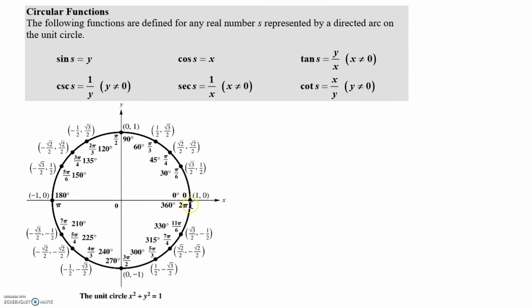So now we can redefine our circular graph here to be a unit circle. Again, the unit circle is x squared plus y squared equals 1, since r is 1. And we can look at an arbitrary point here. So let's look at 30 degrees.